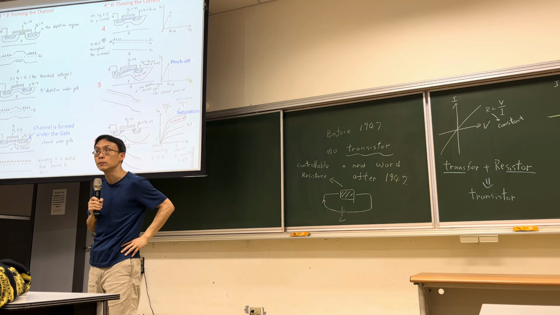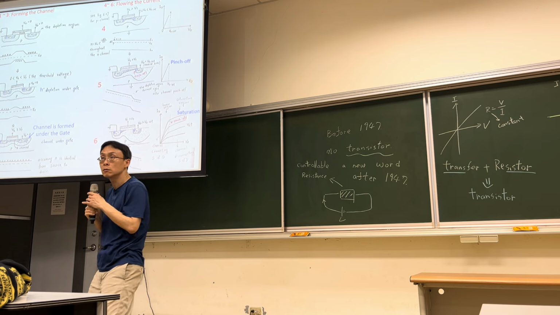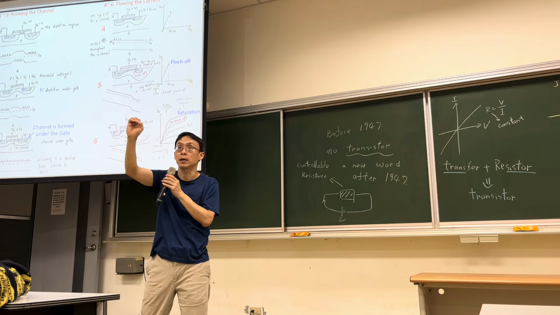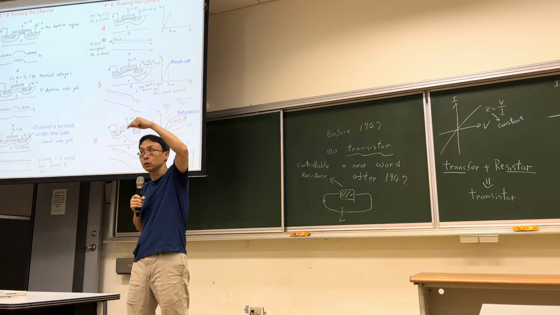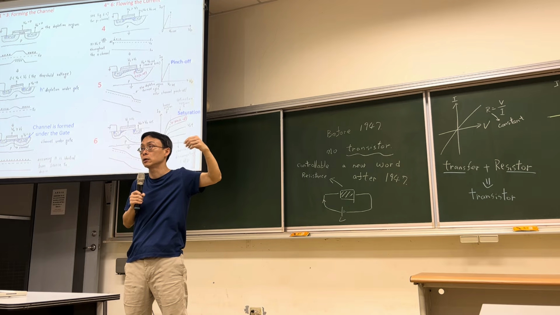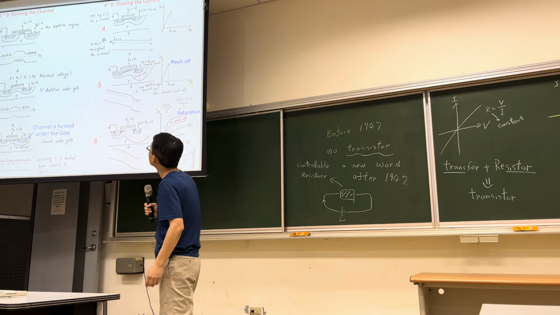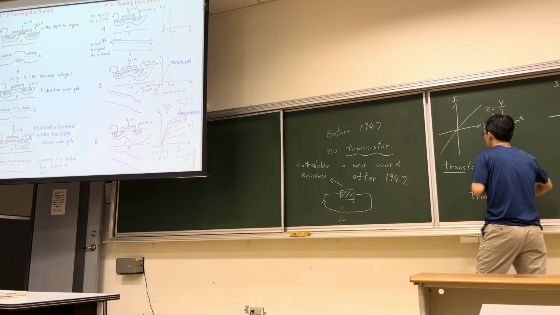See the difference between 1 and 2. In 1, 0 voltage for the gate, 0 voltage for the drain, and the source is grounded. That's your initial situation. So in the drawing, I show you the depletion region.